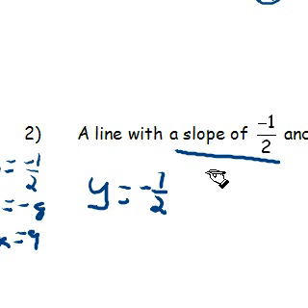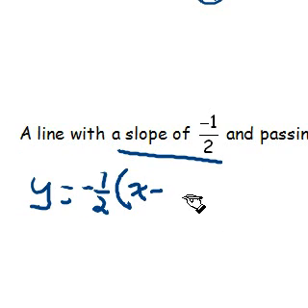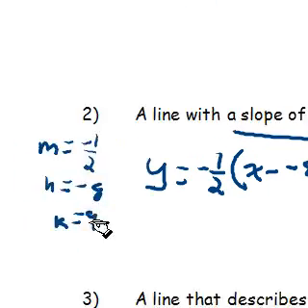At this point I am not going to rewrite our equation every time; you need to know that I am using m times the quantity x minus h plus k. So y equals m times the quantity x minus, what's h? You said -8. X minus -8 plus k. What's k? Oh, you said 9.